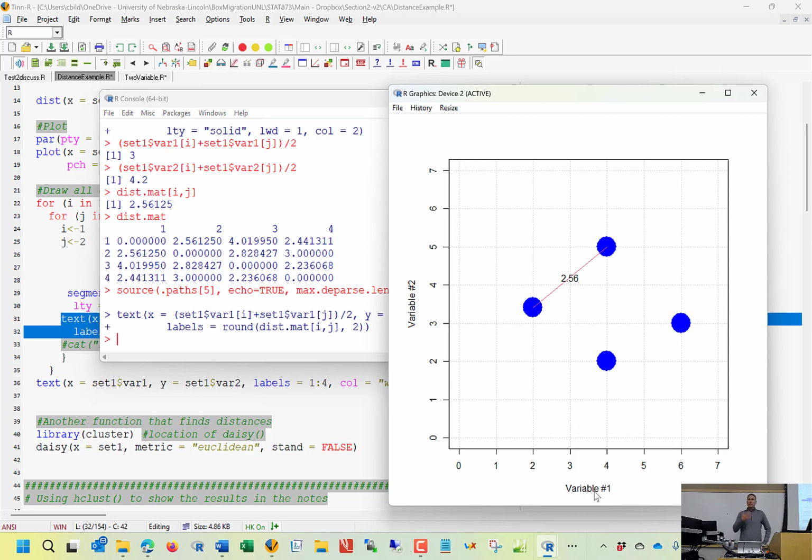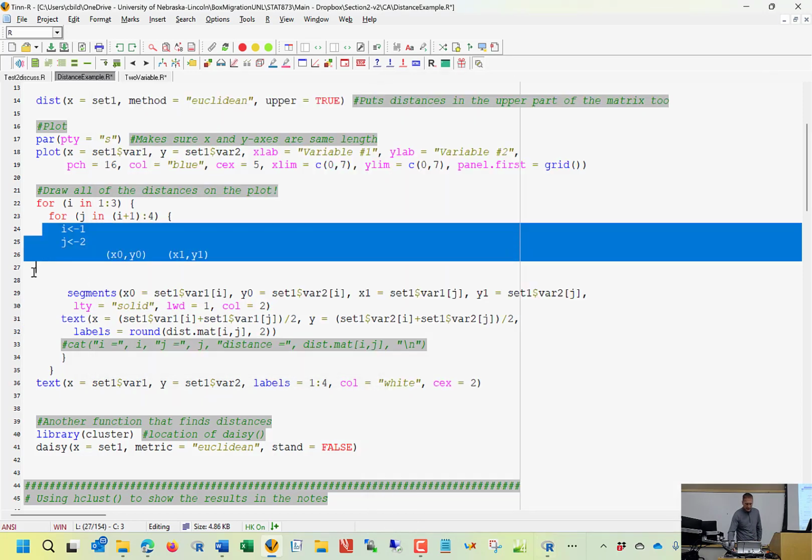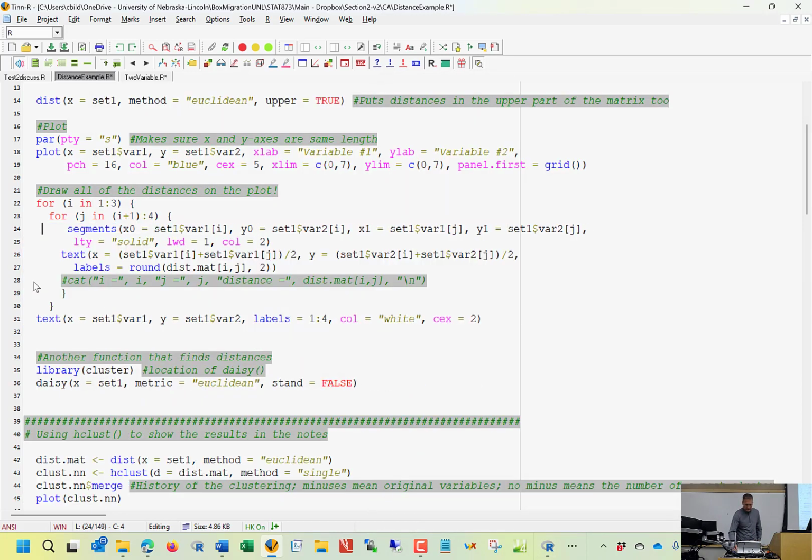Now I'd like to be able to repeat this process for observation 1 and 3, observation 1 and 4, observation 2 and 3, and so on. So this is where the for loop comes in, where I say for i in 1 to 3. I use a curly bracket, if you can see what's highlighted there in red.